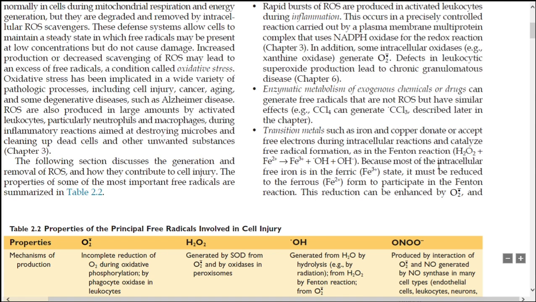Most of the intracellular free iron is in the ferric state. It must be reduced to the ferrous form to participate in the Fenton reaction. So the Fenton reaction is the conversion of ferrous to ferric ion in the presence of hydrogen peroxide. Usually in our body cells, free iron is in the ferric state, but it must be reduced to ferrous before it can participate in the Fenton reaction.